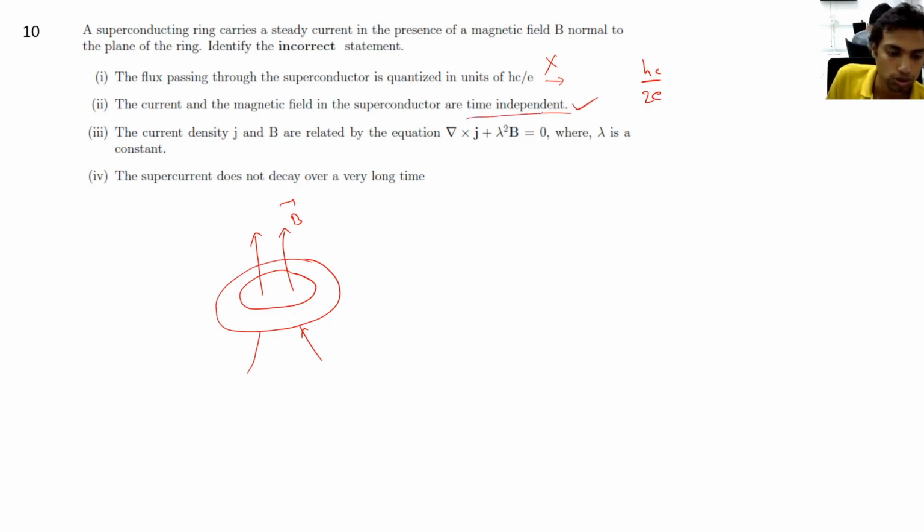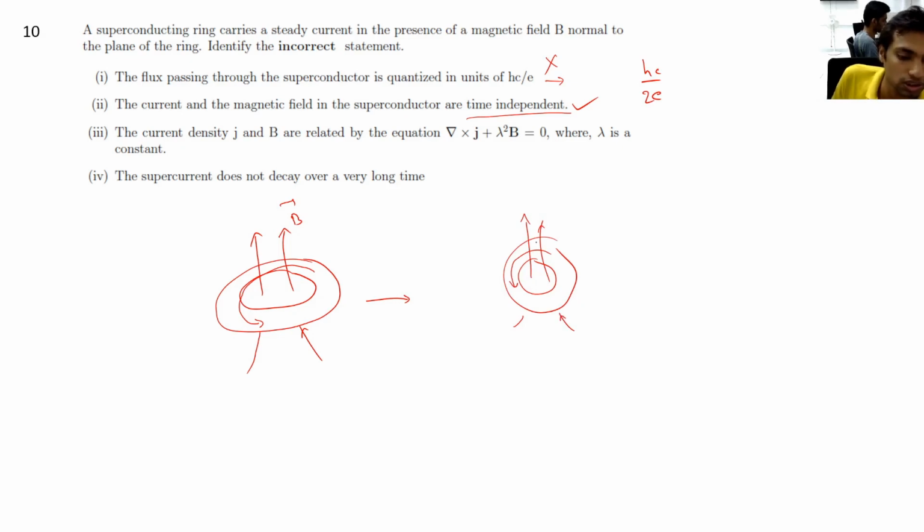Yes, this is true, because initially you put this magnetic field, and there would be some current set up here. Now you cool this to the superconducting state, and that current will still try to flow and that magnetic field will try to be maintained.